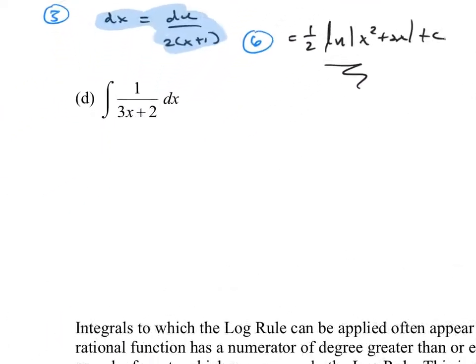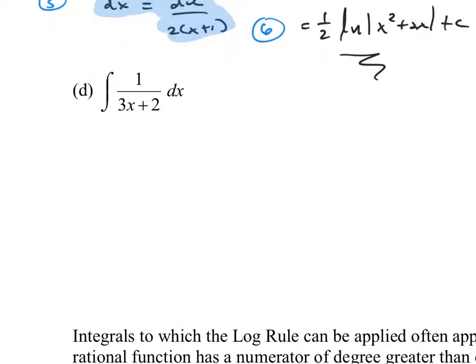Okay, let's go on to d, which is the integral of 1 over 3x plus 2 with respect to x. Again, here a nice u substitution problem. Let's let u be the denominator, so let u equal 3x plus 2. Step 2, find the derivative of both sides, so I'd have du/dx equals the derivative of 3x plus 2, which is simply 3.